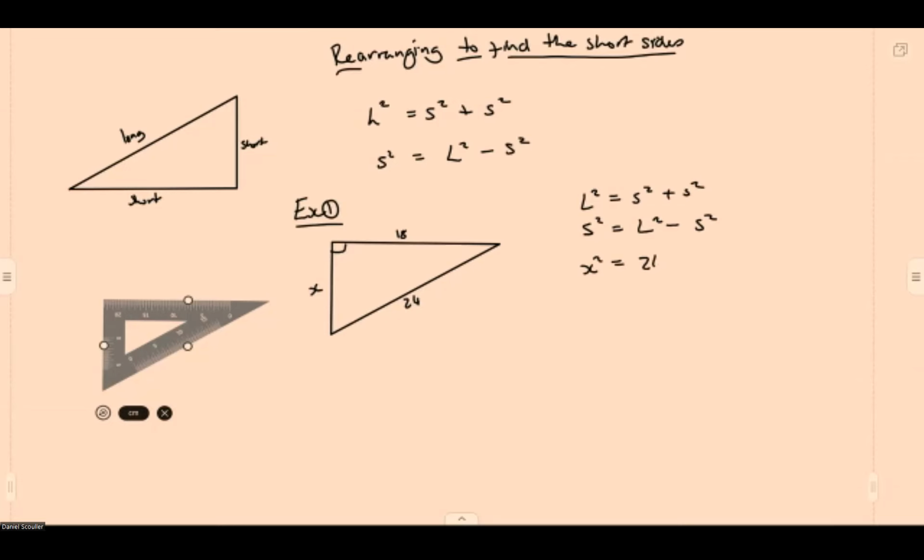Long side squared is always the longest side, obviously. 18 squared. Simple as that, and then whatever units to use.